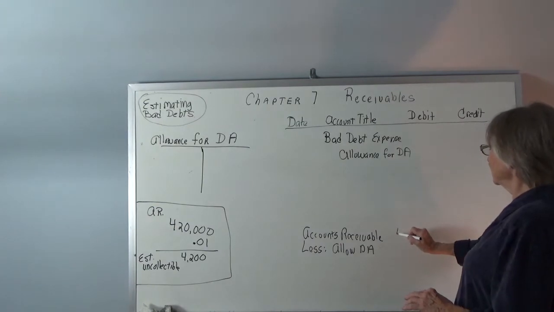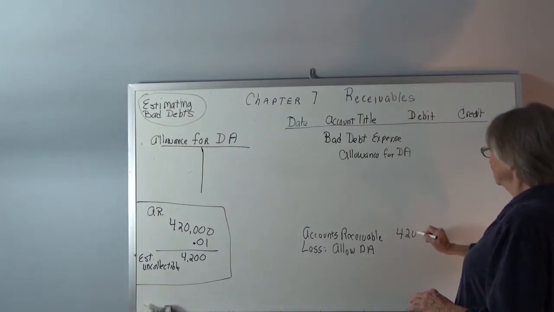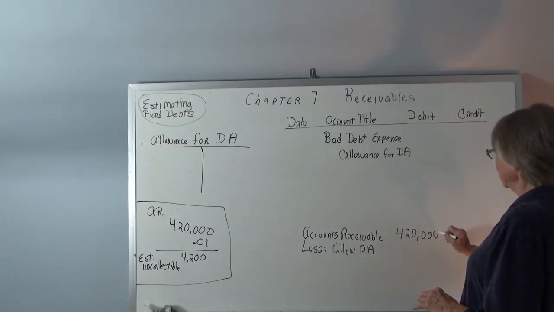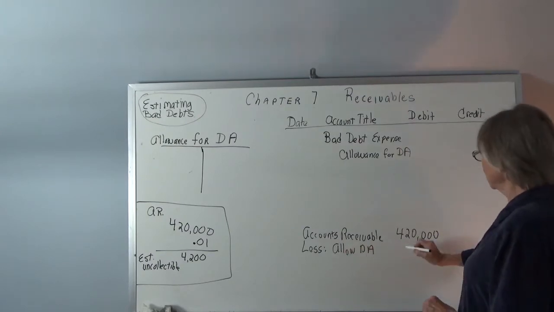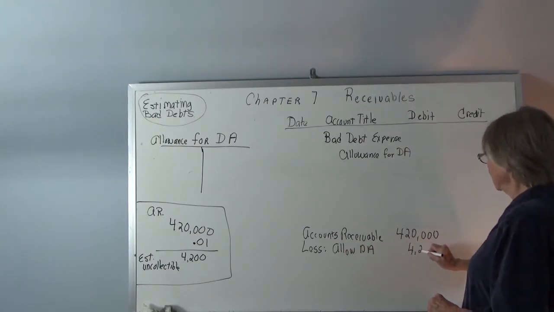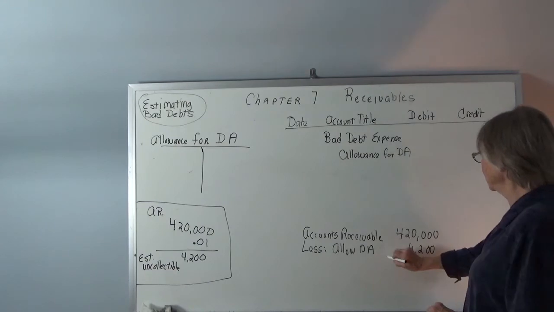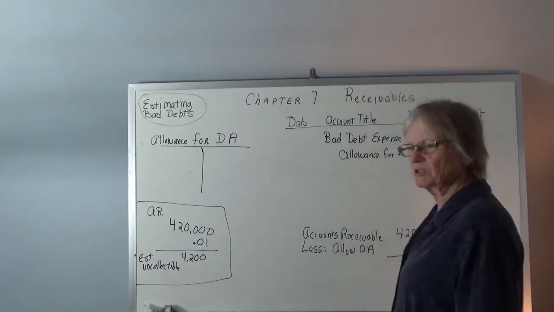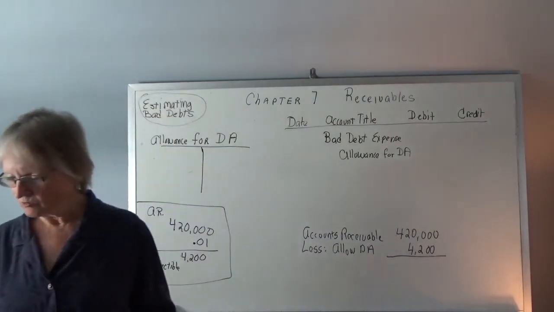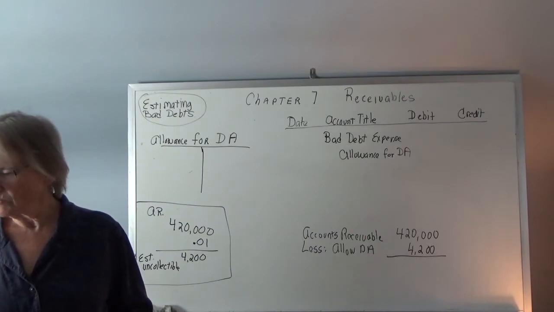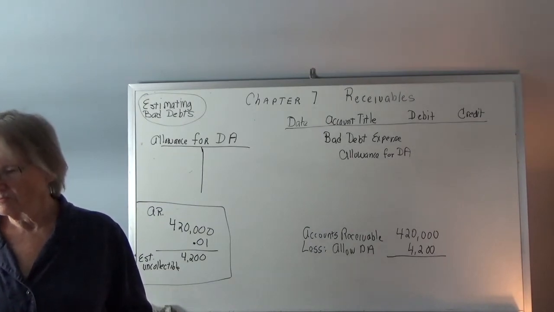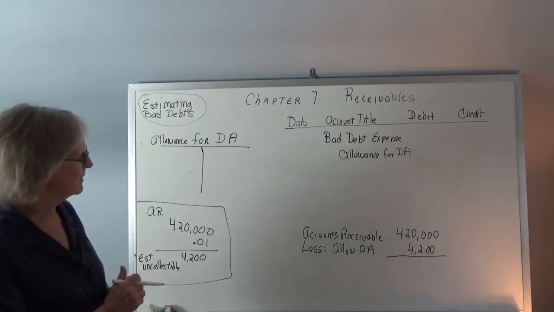So what we want to end up with in this problem is 420,000 accounts receivable less 4,200 allowance for doubtful accounts, which would give you the net realizable value of the accounts receivable.